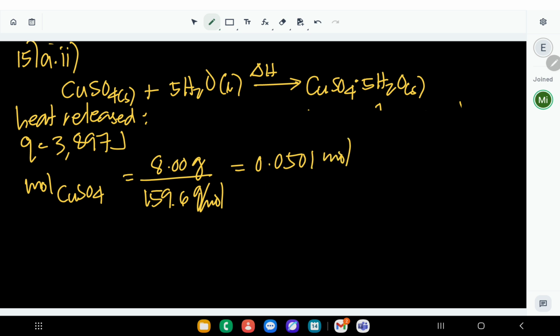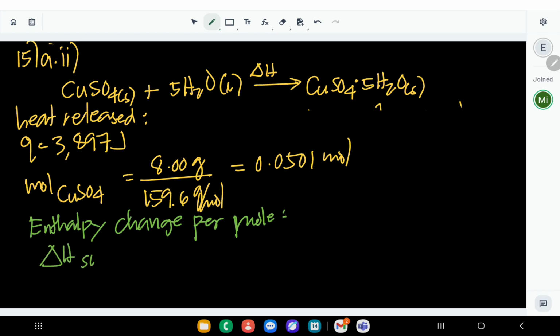Okay, now we already have the number of moles of copper sulfate and the heat released. So now we can solve for the enthalpy change per mole, the enthalpy of solution. This is exothermic, right?